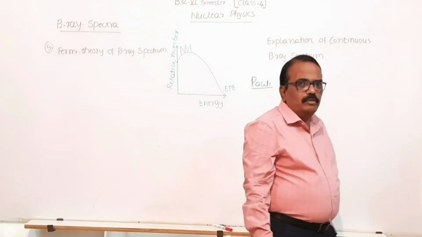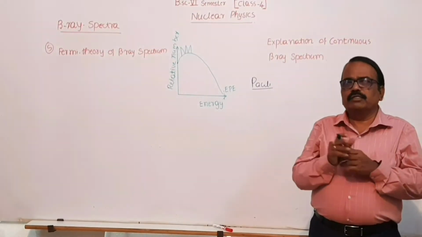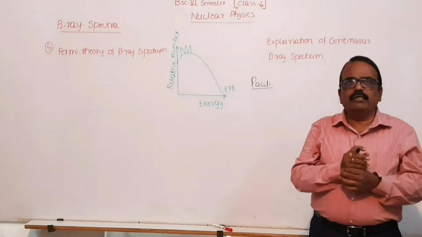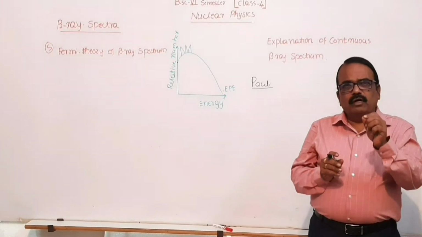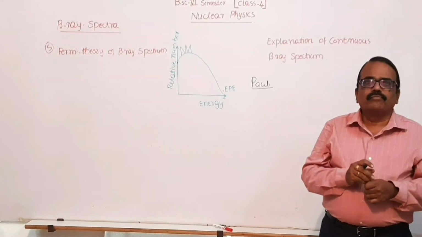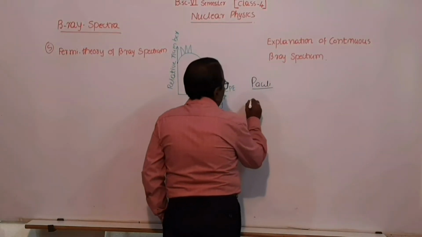According to Pauli, if a beta particle comes out from the nucleus of the radioactive element, it comes out along with some other particle. The name of the particle is known as neutrino.